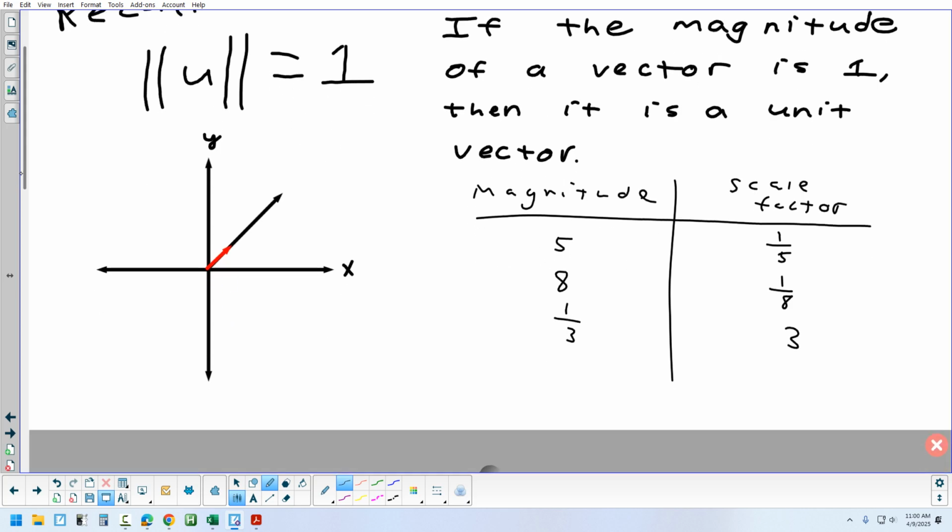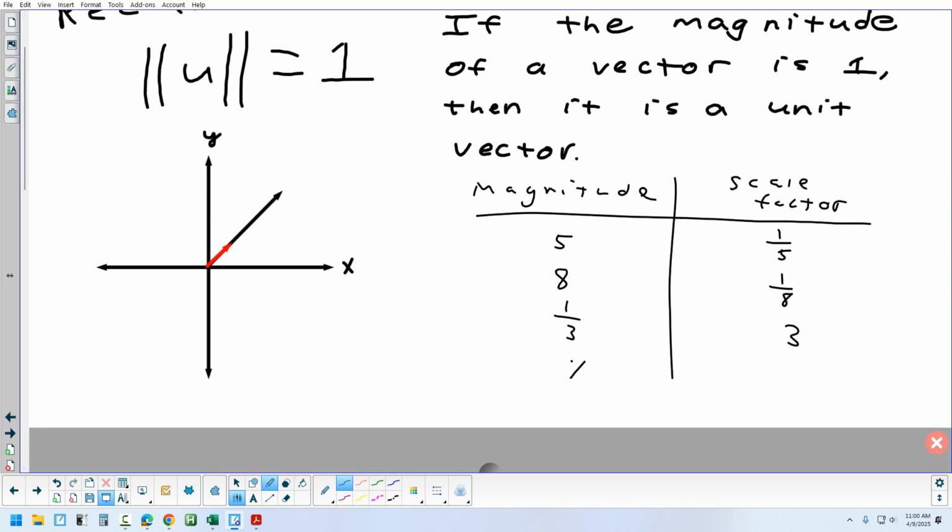So what if you had a vector that was x units long? x to the negative 1, or 1 over x. So if you scale a vector by the reciprocal of its length, you will always turn it into being 1 unit long.